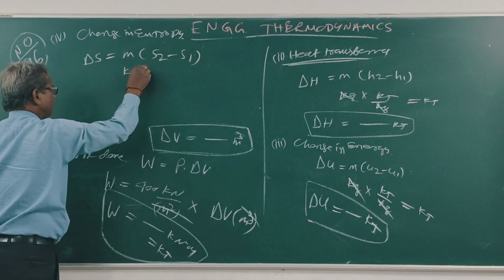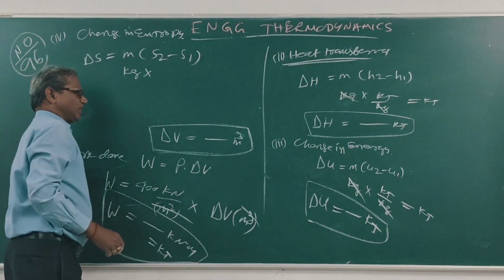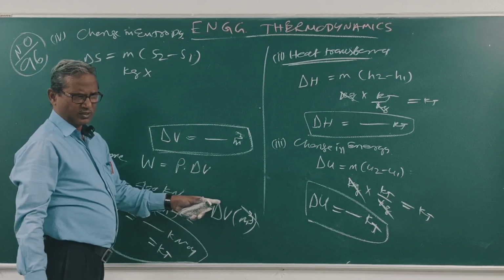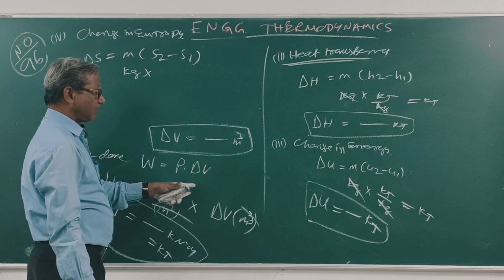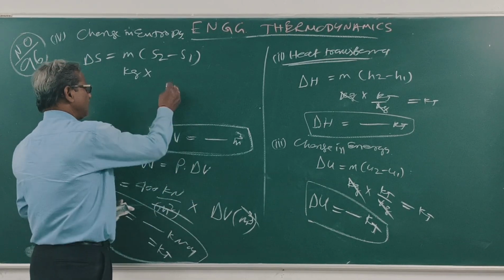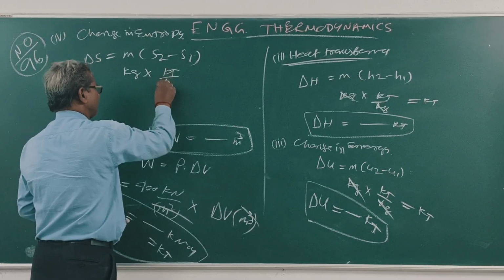M is in kg. What are S2 and S1? Our values are in the question. Clear? S2 and S1 are in kilojoule per kg Kelvin.